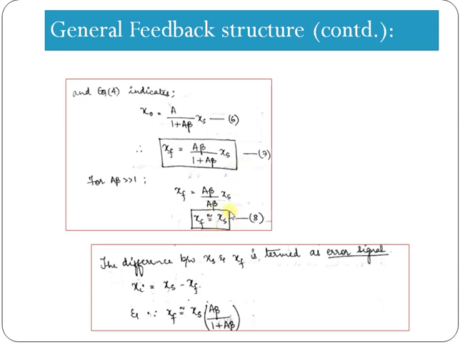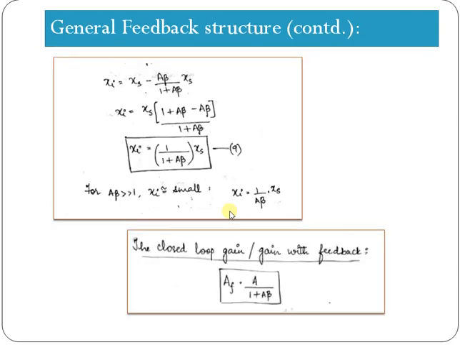Next we will compute the error signal. So the difference between the XS and XF is termed as the error signal, and we obtain it as Xi equal to XS minus XF, which is XS minus A beta by 1 plus A beta into XS.